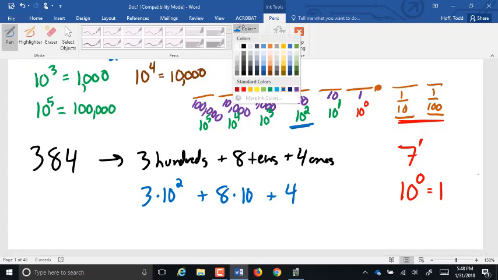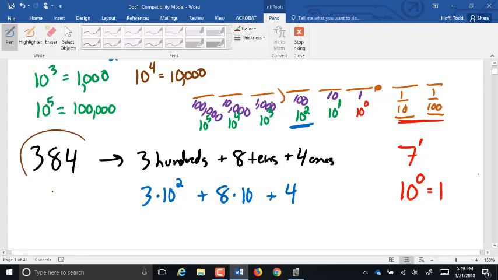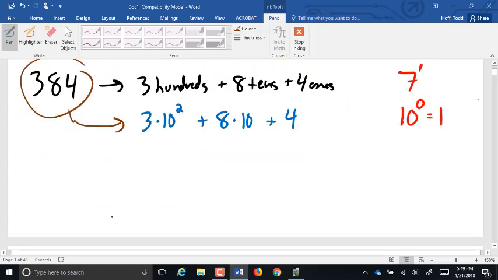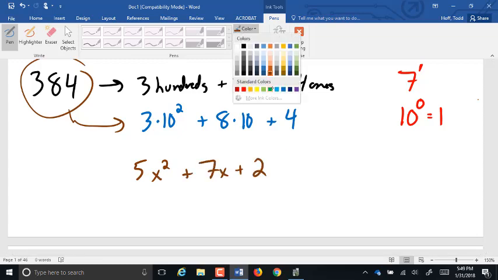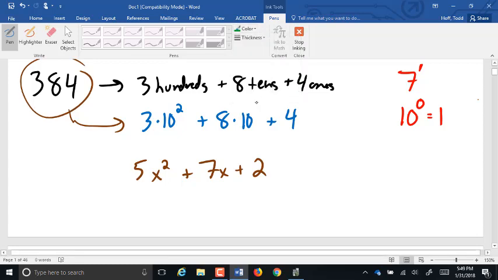When we write a whole number that way, and that's just representing the 384, we see some correspondence with our algebraic numbers. Our algebraic numbers might look like this. Here we can see this algebraic number is really just a number written out in long form, where the place values aren't powers of tens anymore, they are powers of x.